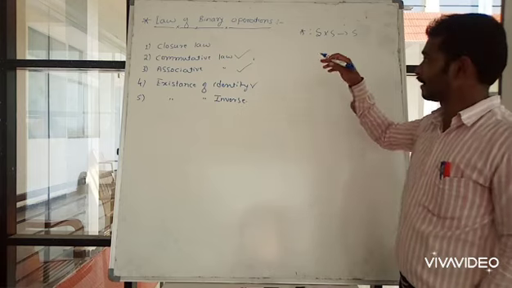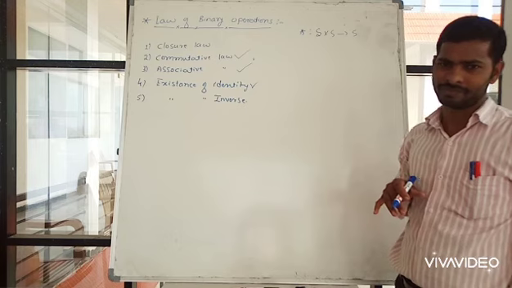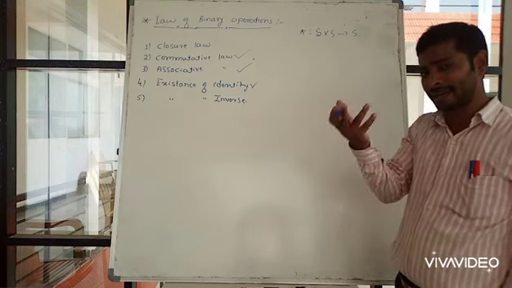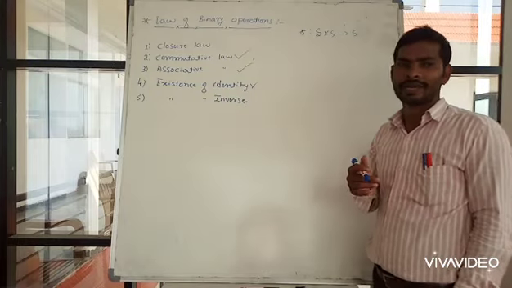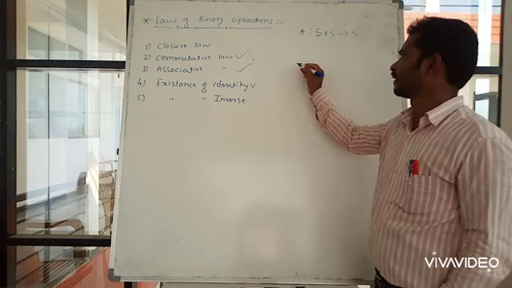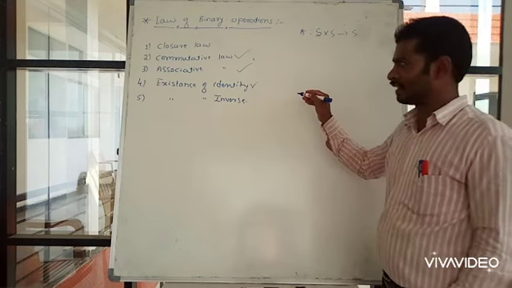What identity exists in that set under the given binary operation? So we are going to find that identity element. What conditions are satisfied by that identity element? Okay, star is a binary operation on the set S.